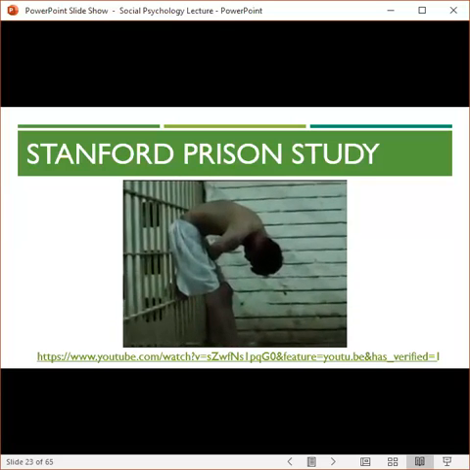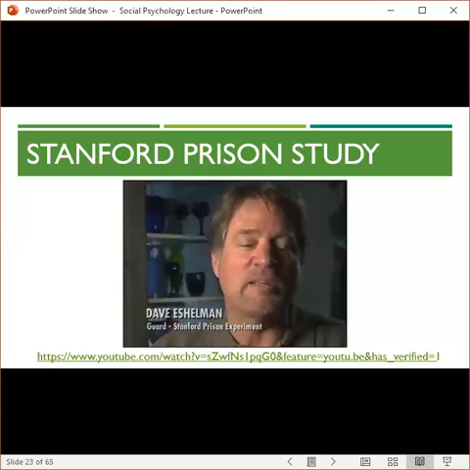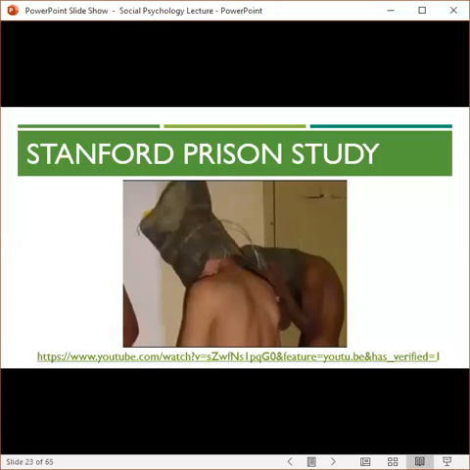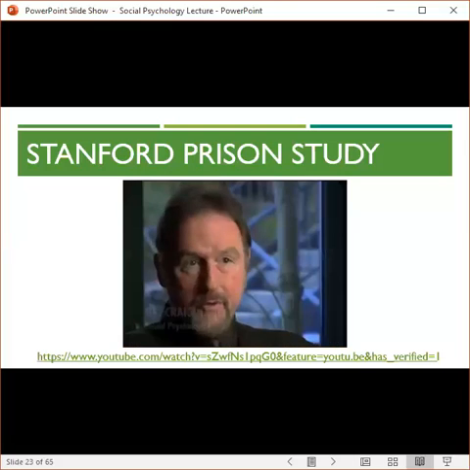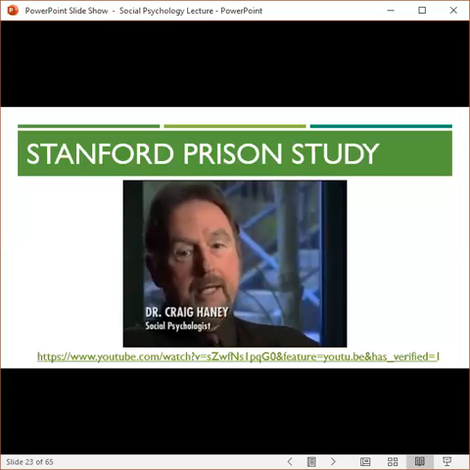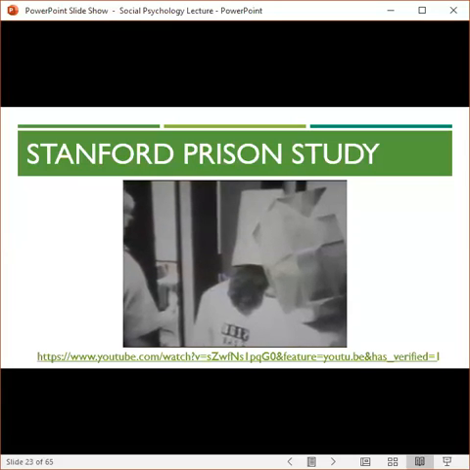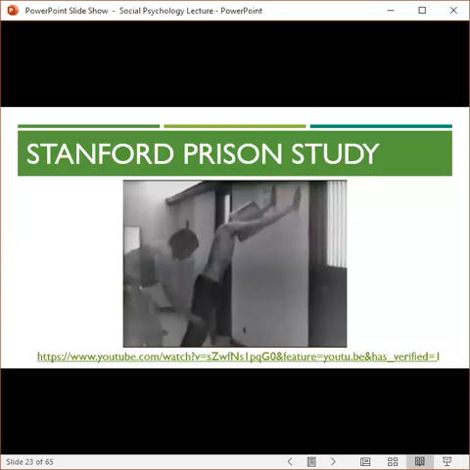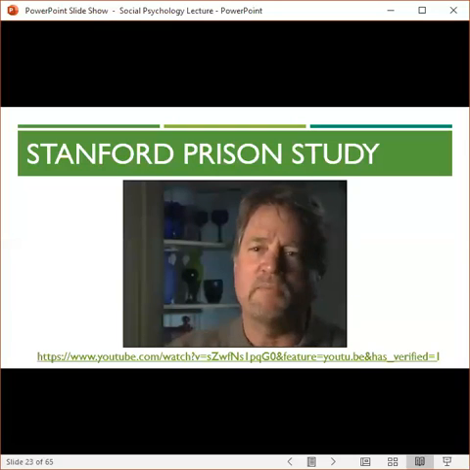When I first saw the pictures, immediately a sense of familiarity struck me because I knew that I had been there before. I'd been in this type of situation. I knew what was going on in my mind. The photographs were strikingly familiar to the photographs that we had taken, many of the photographs I had taken in the prison study. We didn't do any of the stuff that you see in Abu Ghraib where they get into a big pile or something like that. But I certainly subjected them to all kinds of humiliations. I don't know where I would have stopped myself. Given enough time, we could have got there.